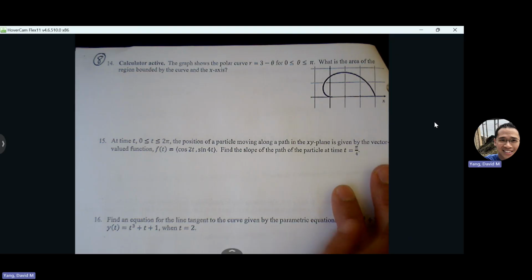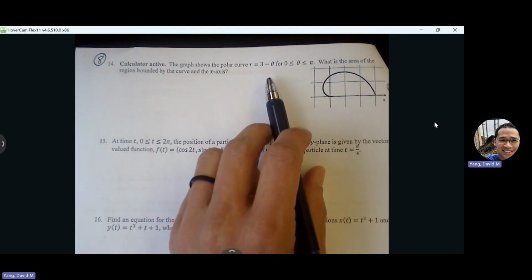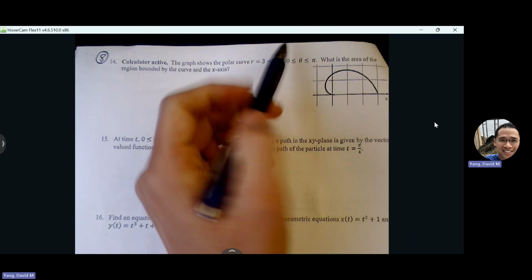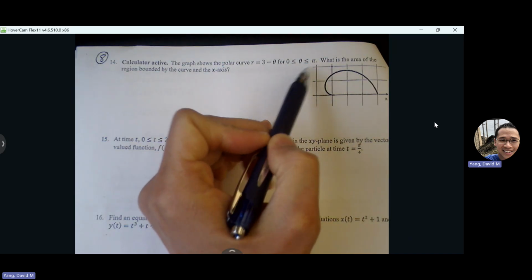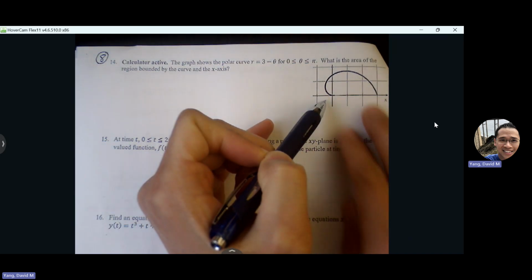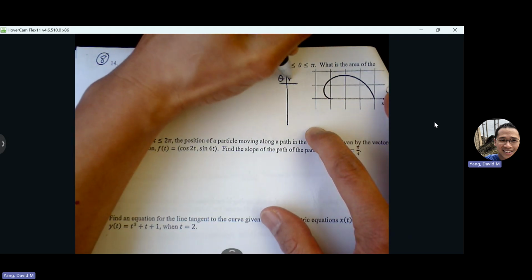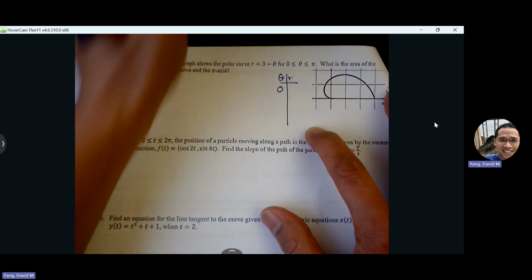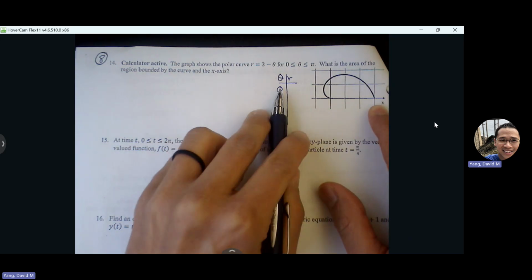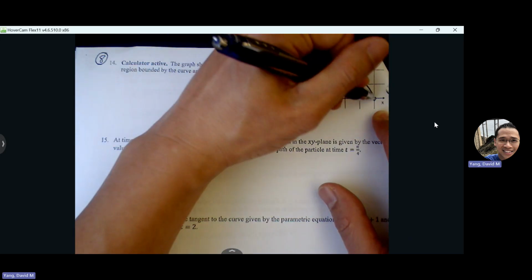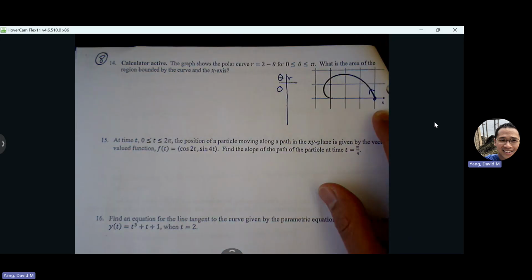Okay, so the graph shows polar curve r equals 3 minus theta from 0 to pi. What is the area of the region bounded? So they're already telling you where the region is, but we can create a table of values just to see where we are. If we start at 0, 3 minus 0 is going to be 3, and it's going to move in the clockwise direction.